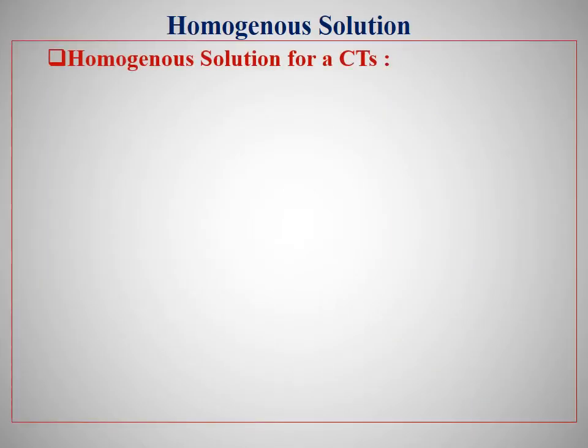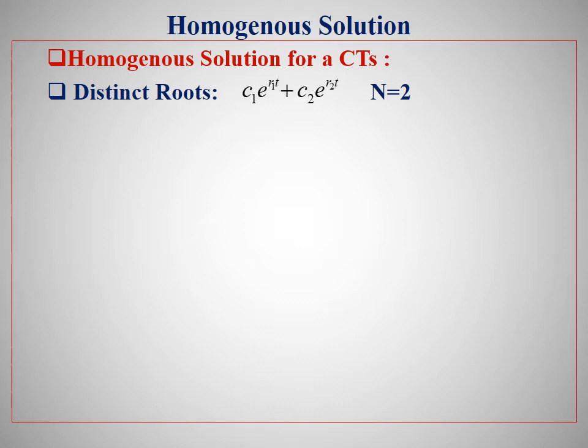Let us go on to see the homogeneous solution for continuous time systems. If there are distinct roots, the solution is generally given by C1 e power r1t plus C2 e power r2t when n equal to 2, which means when the order of the system is 2.